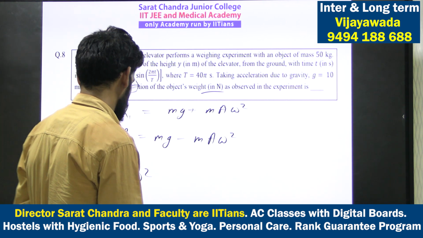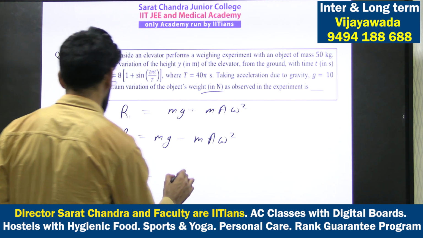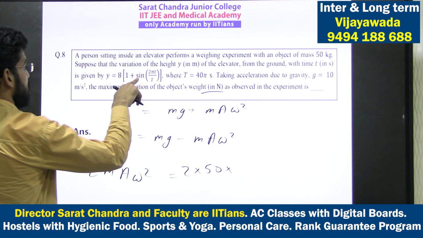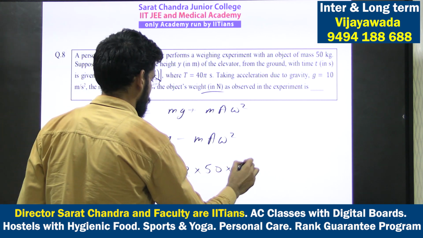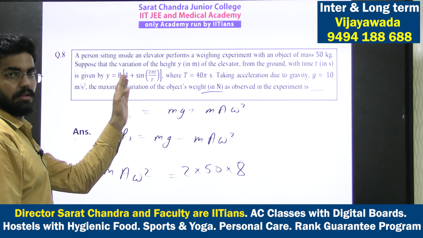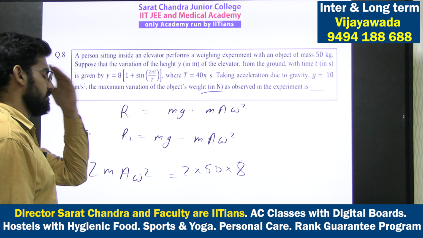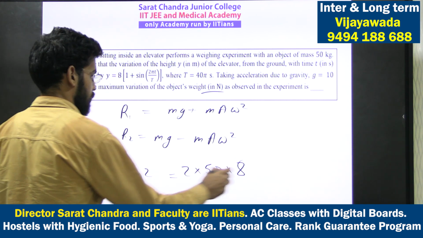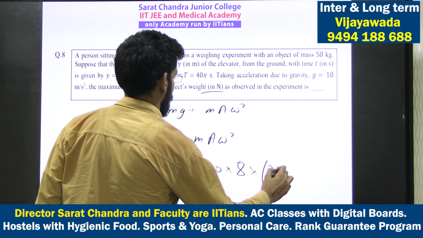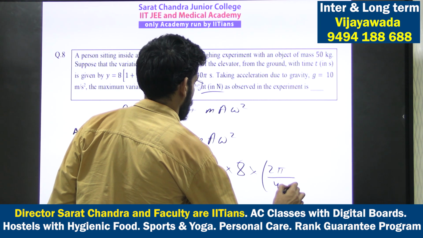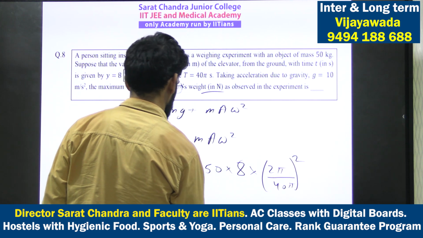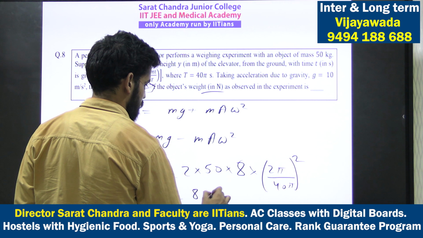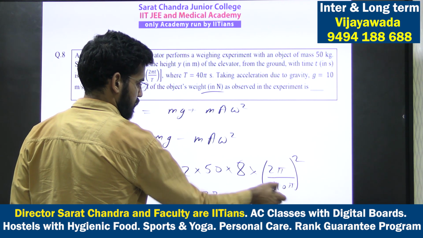So in 2 m a omega square, 2m is 50, amplitude is, here if you see the sine coefficient is 8, so amplitude is 8 only, you can solve. This is the mean position varying. A omega square, omega is 2 pi by time period, 40 pi whole square. From here this is 100, this is 800, this is 800, and this is 1 by 20, 400.